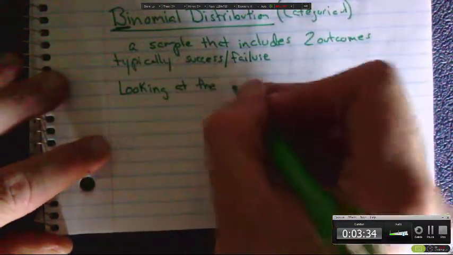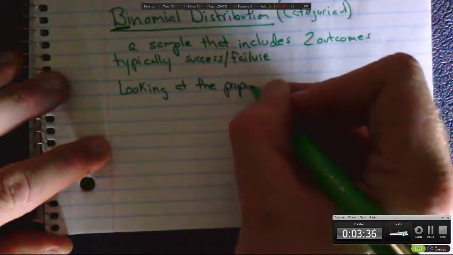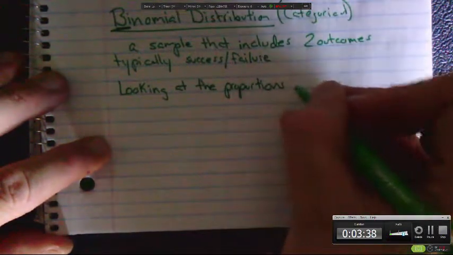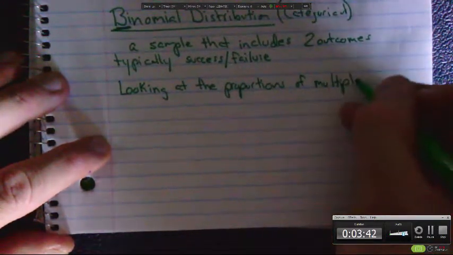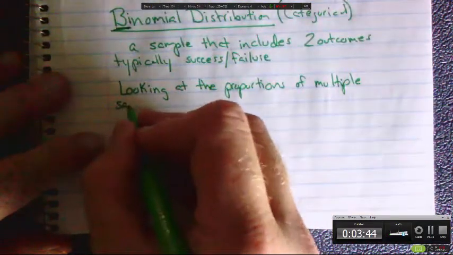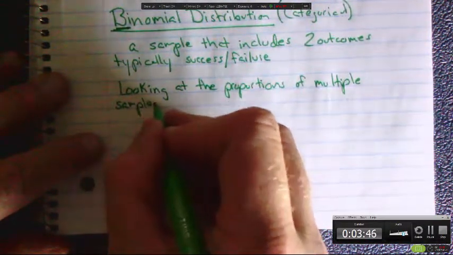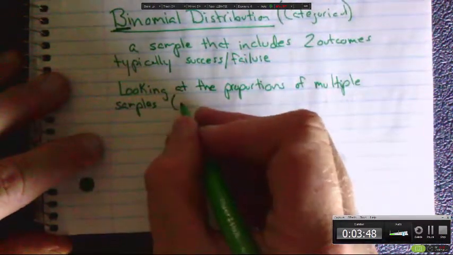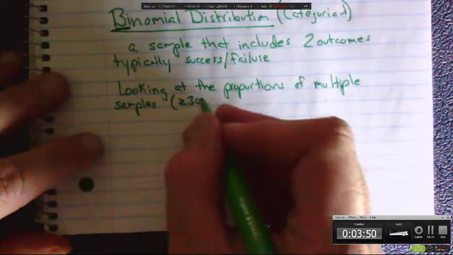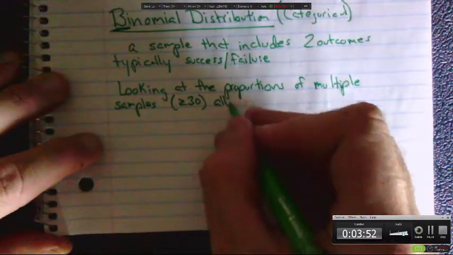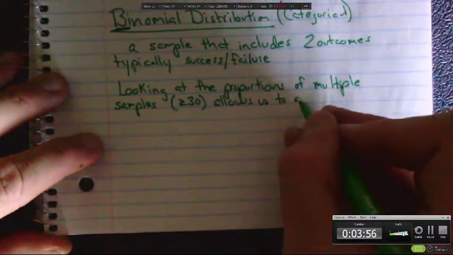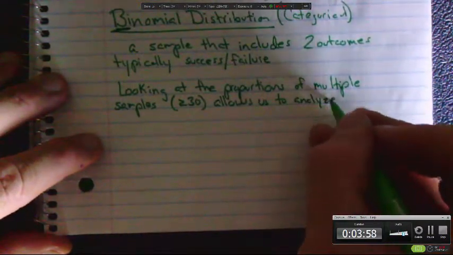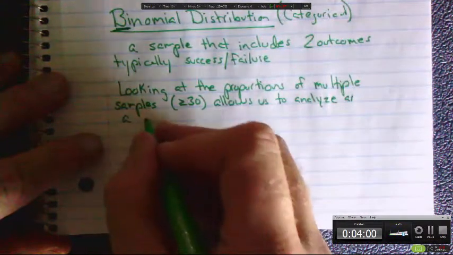Looking at the proportions of multiple samples, greater than or equal to 30, allows us to analyze this as a normal model.